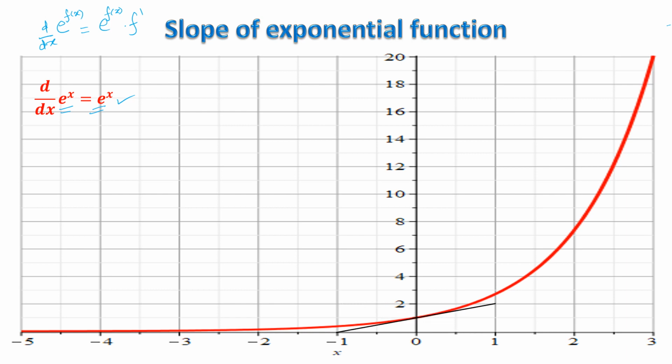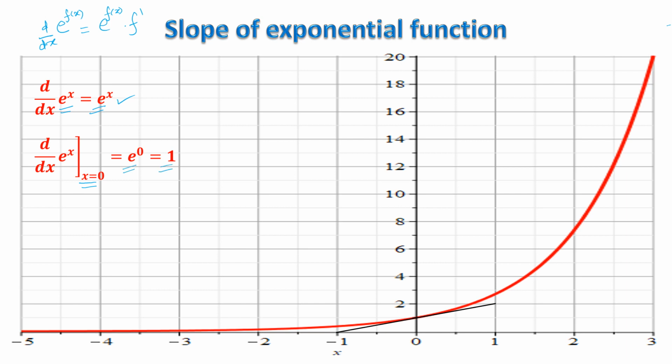Now I want to draw a tangent to this curve, and I have to first define at what point I want to draw a tangent, and this tangent will have a slope given by d/dx of this function e to the power x. So at x equal to 0, I want to draw the tangent, so I want to find the slope first. e to the power 0 will be 1.